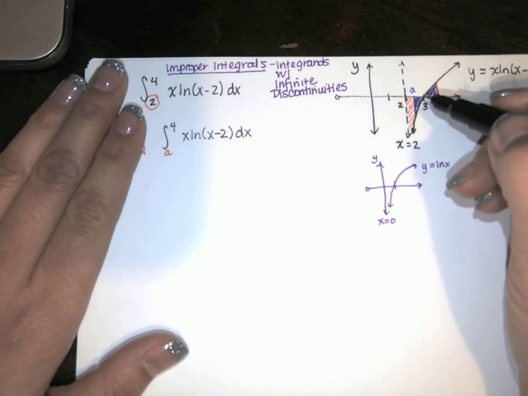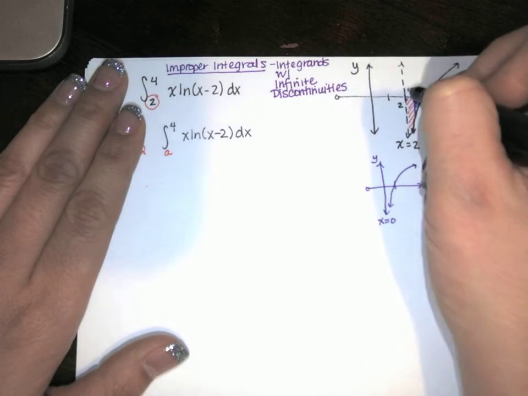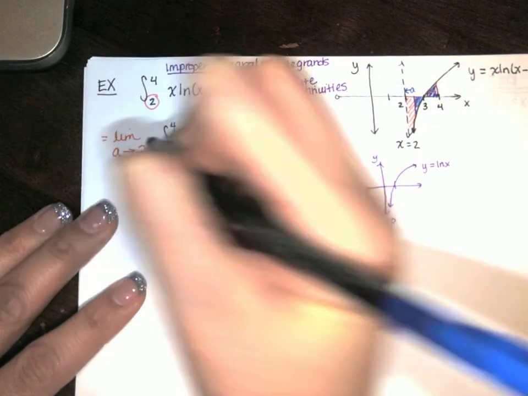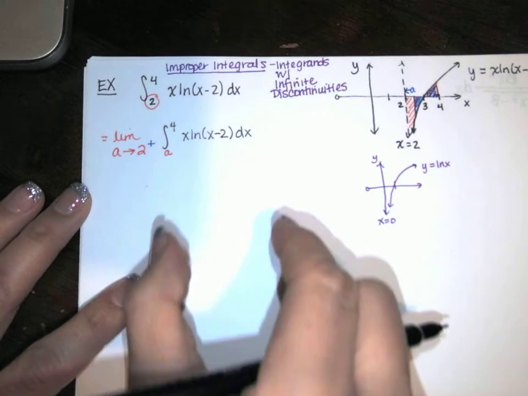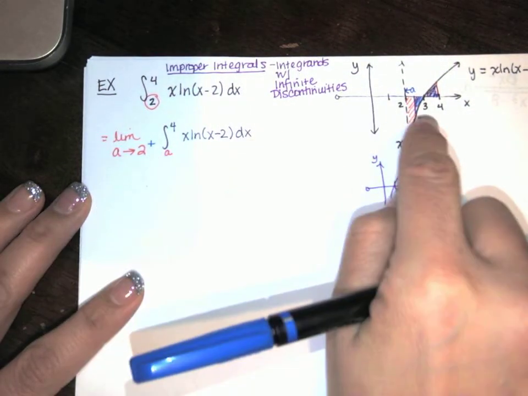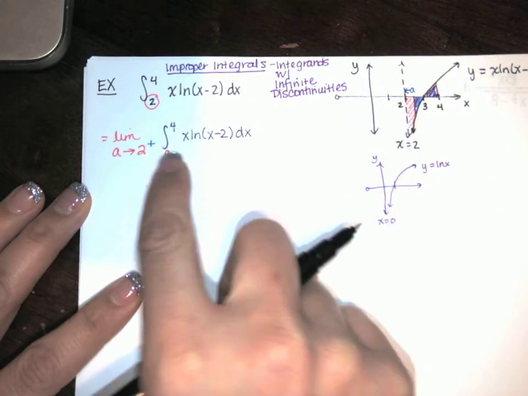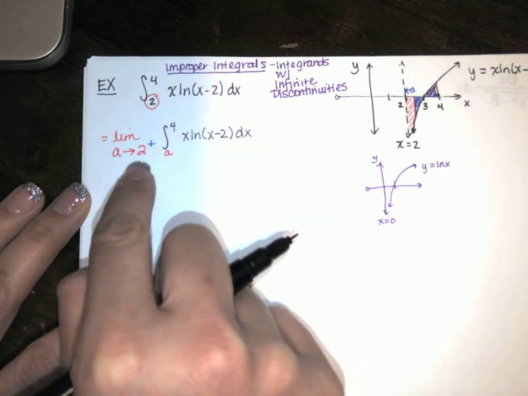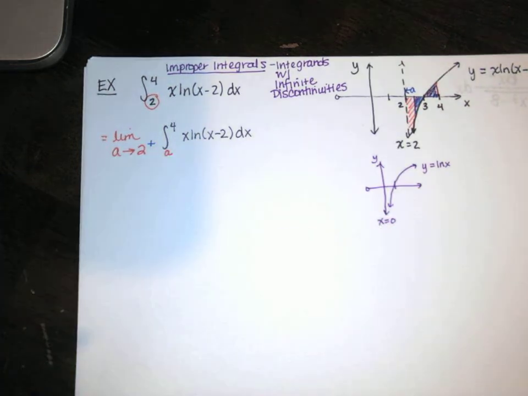What happens to this area minus this area as a gets closer and closer to 2, from the right? Well, to figure that out, I need to first find that blue area as a function of a, and then let a go to 2 from the right, and then we'll see if it approaches a finite value.